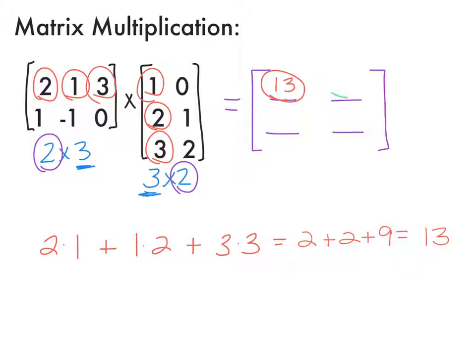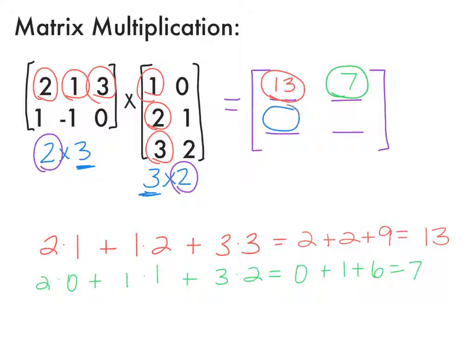And in order to get this number, I'm going to go across the top row and use the second column because this is in the top row, second column. All right, so let's do that out. So that's going to give me 7. Now, if I want to find this number, I'm going to use the second row, first column, because it's in the second row, first column.